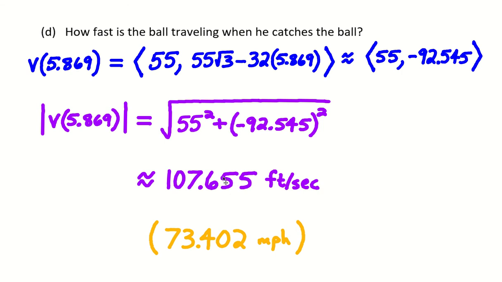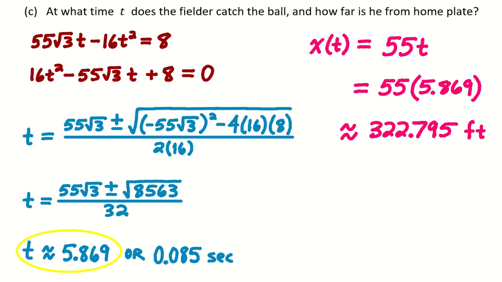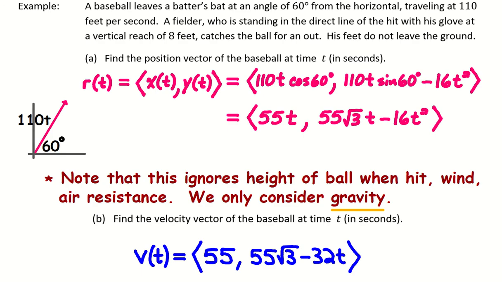And this will get us the feet per second, which, if you cared about miles per hour, I don't know why we would. The original units it's talking about are feet per second, right?